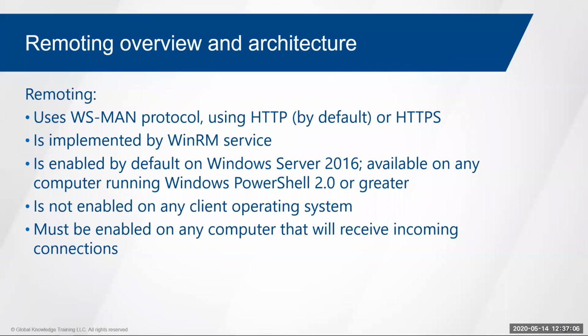Now it is enabled by default on servers, but is not enabled by default on your client operating system. So if you are administering clients, you do need to ensure that you're running these commands to enable. Now this can be done, of course, through GPOs to kind of blanket the environment, but it's a matter of you figuring out the best way to do this for the organization.